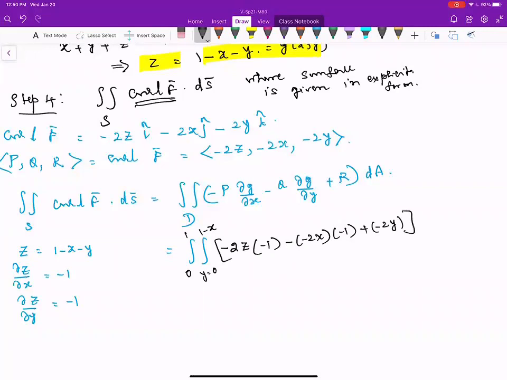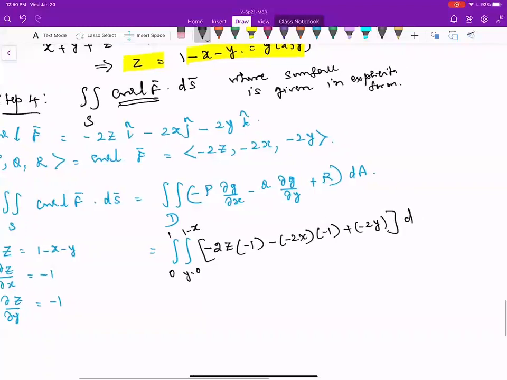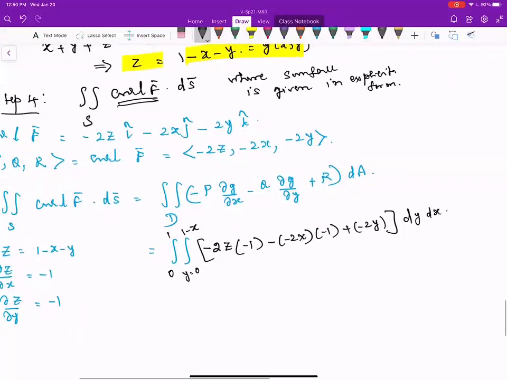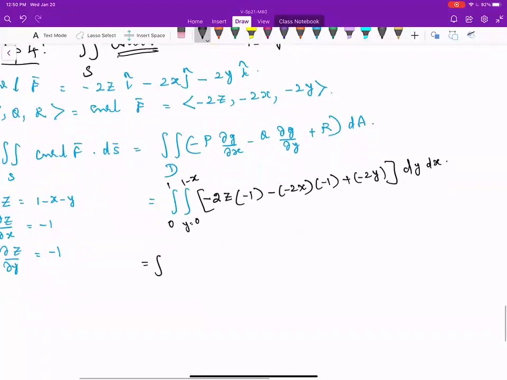And then dA, which is dy dx. So it is integral 0 to 1, integral 0 to 1 minus x. So here it is positive 2z, then we have negative 2x, and then minus 2y dy dx.